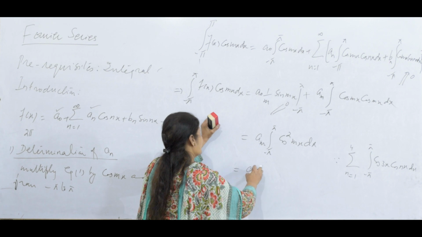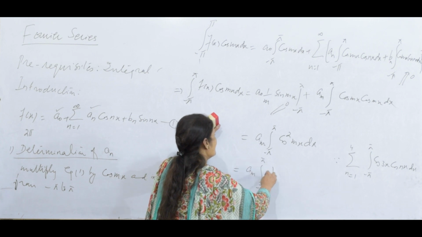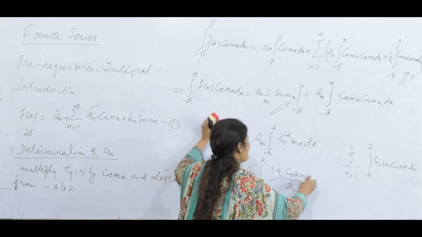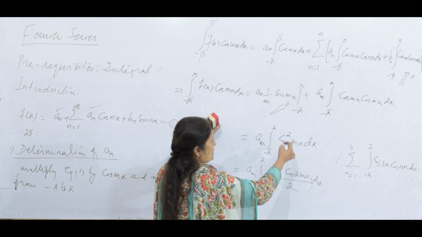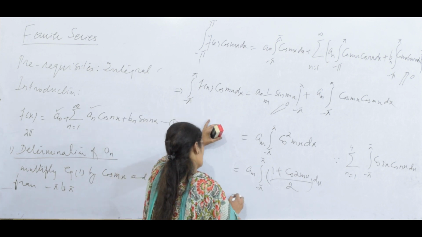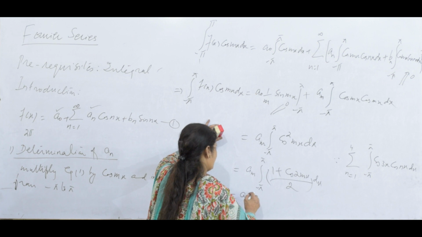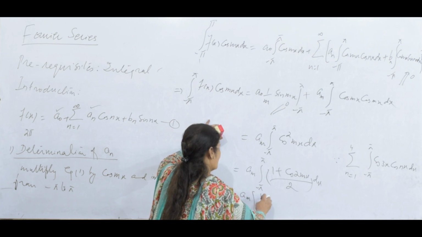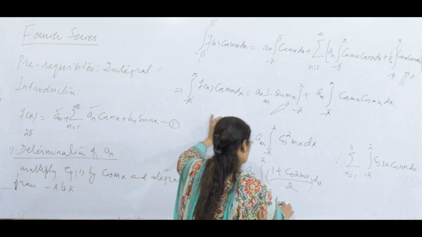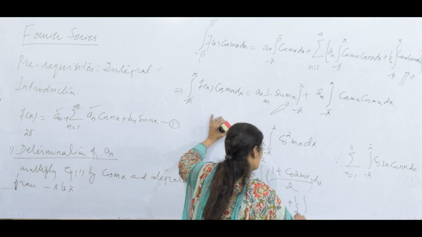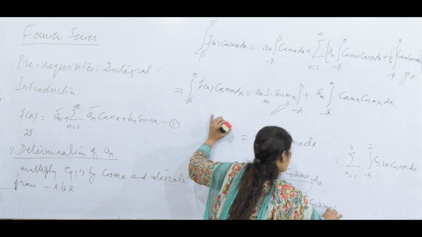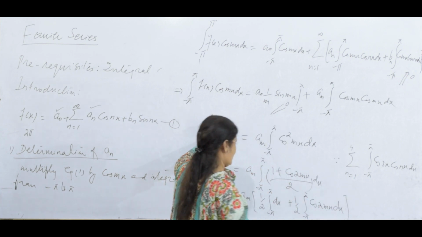The integral is from minus pi to pi of (1 plus cos 2mx) divided by 2 dx, because cos square is written using the half angle formula. So a_m times 1 by 2 times the integral of dx, plus 1 by 2 times the integral of cos 2mx dx.